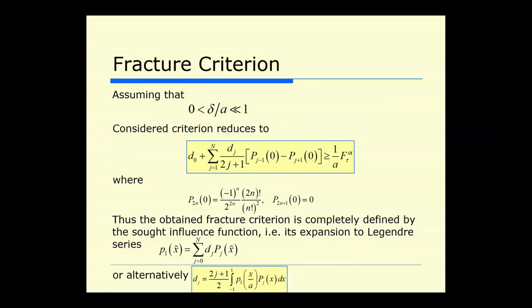So assuming that delta over A is greater than 0 and far less than 1, the criterion reduces to this expression. Thus, the obtained fracture criterion is completely defined by the sought influence function, in other words, its expansion in the Legendre series. Or alternatively, we have this expression.